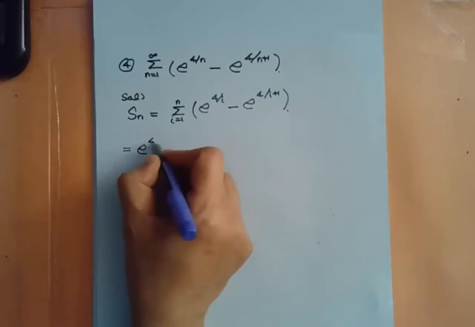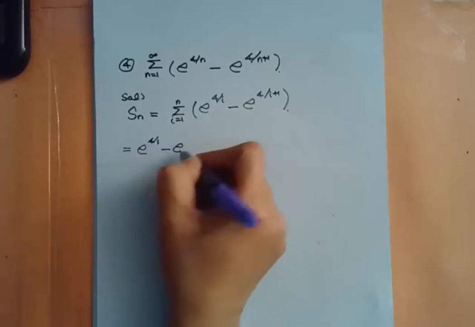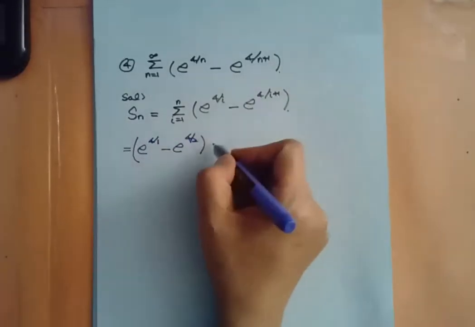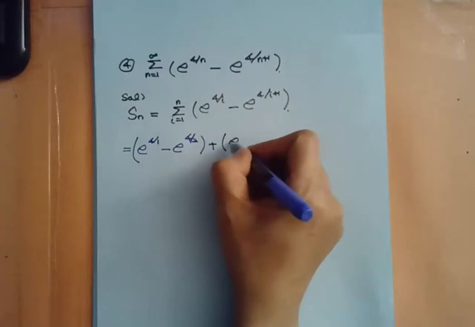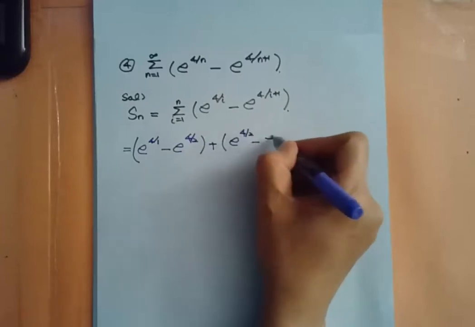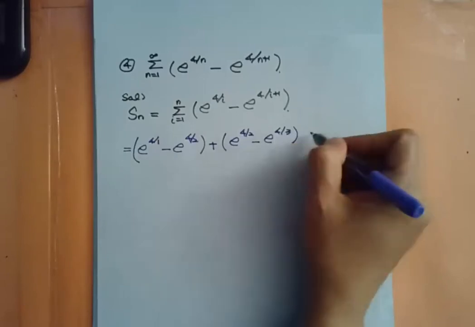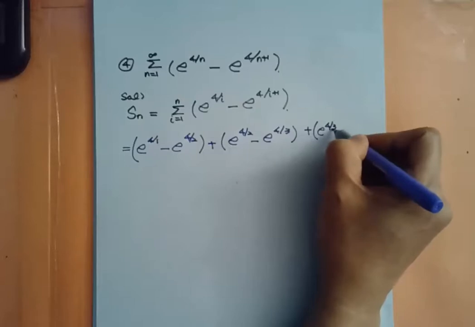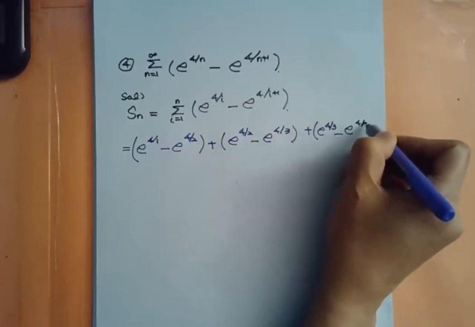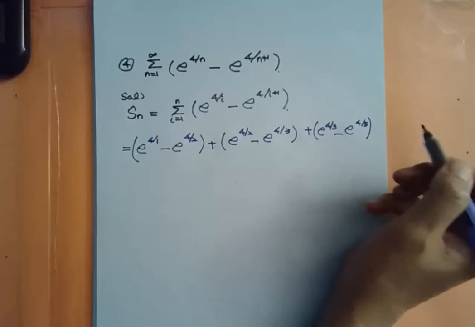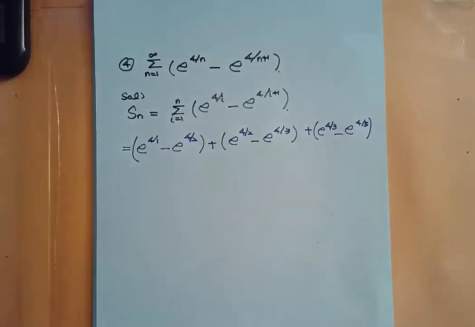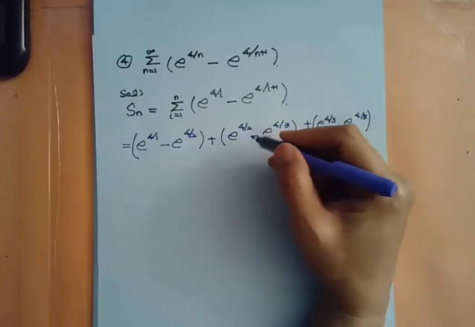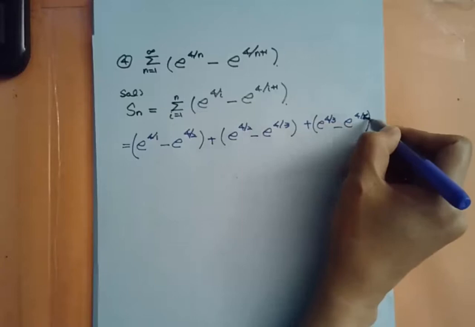So e to the 4 over 1 minus e to the 4 over 2. So we plug in 1 here. And then the next one is e to the 4 over 2 minus e to the 4 over 3 plus e to the 4 over 3 minus e to the 4 over 4.